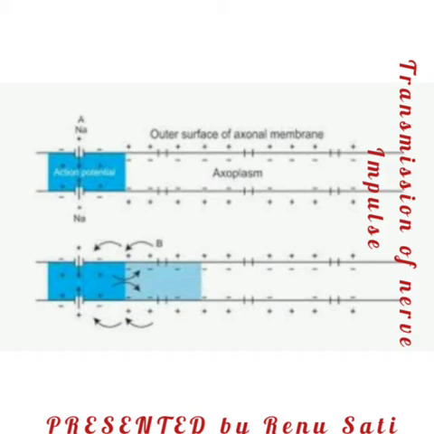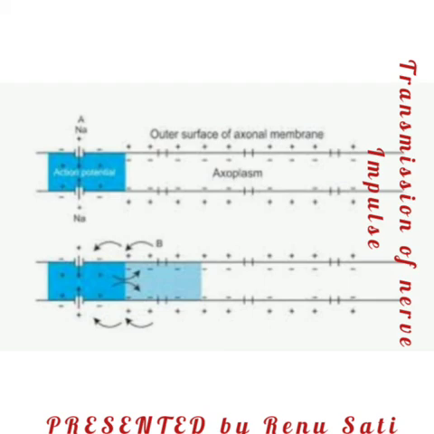Thus, the impulse, that is, the action potential generated at site A, arrives at site B. The sequence is repeated along the length of the axon and consequently the impulse is conducted. The rise in the stimulus-induced permeability to sodium ions is extremely short-lived.